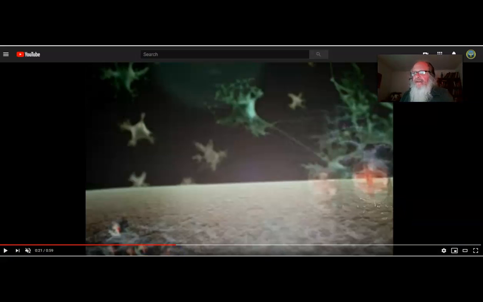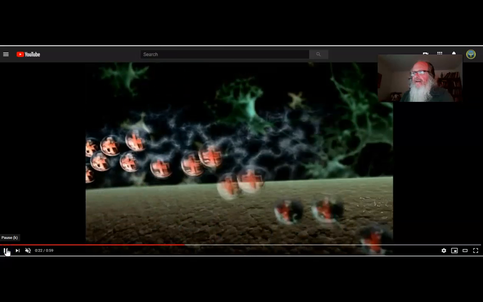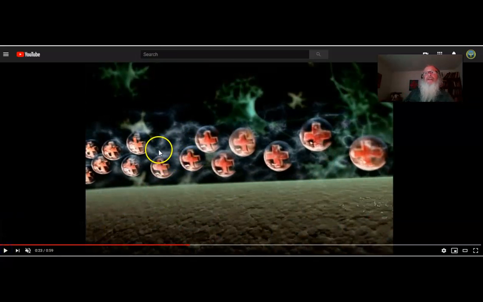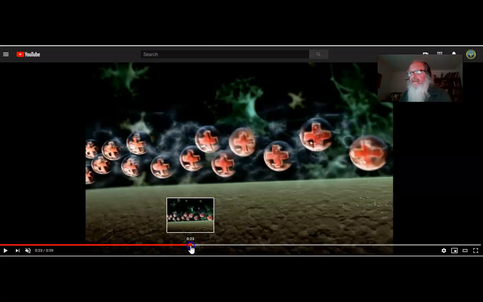The other thing that I wish were different is that back here, they show these spheres as having red crosses.